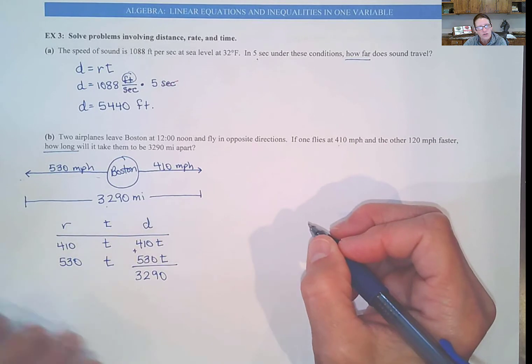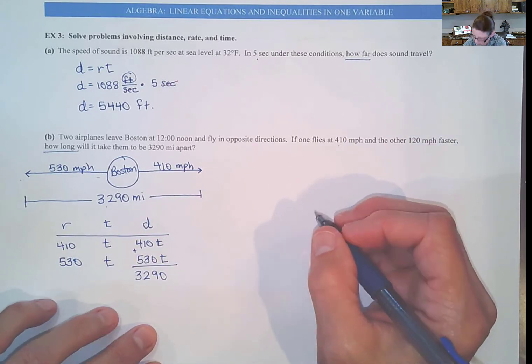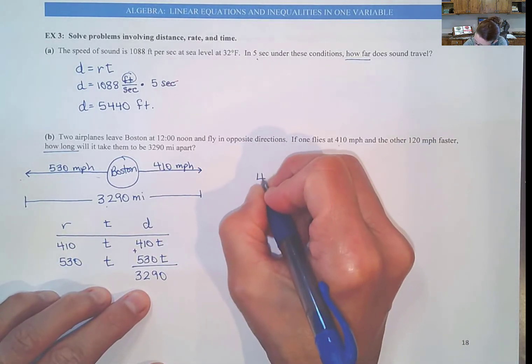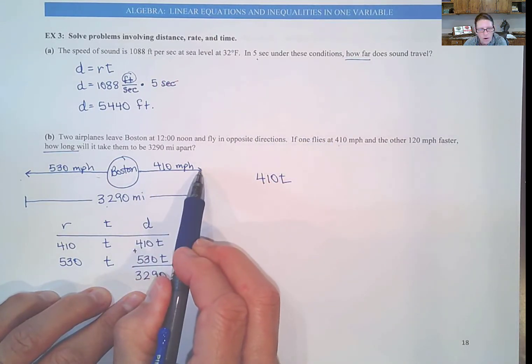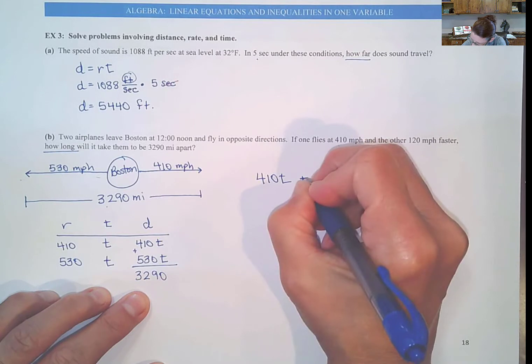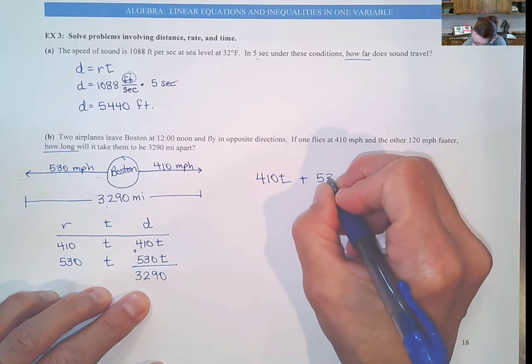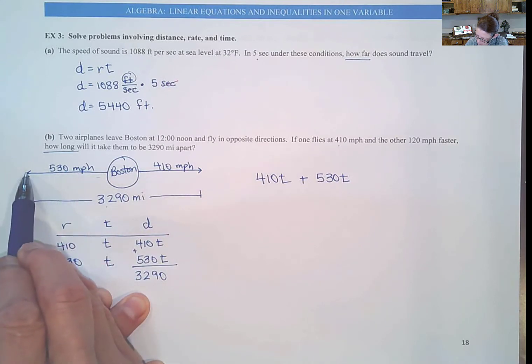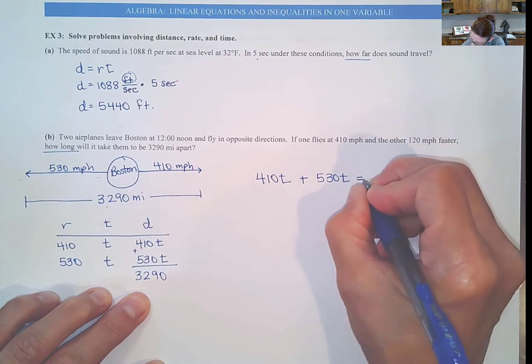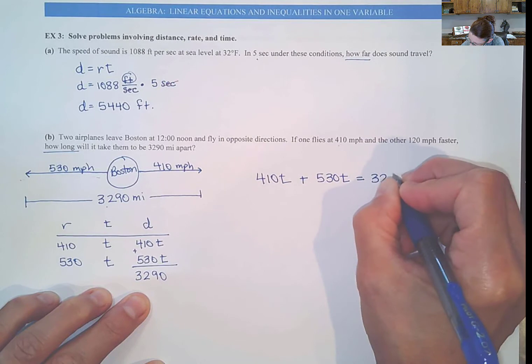So this is a distance problem where we're going to add two distances. So 410 times t, the distance traveled by the slower plane, plus 530 times t, the distance traveled by the faster plane, is going to total 3,290.